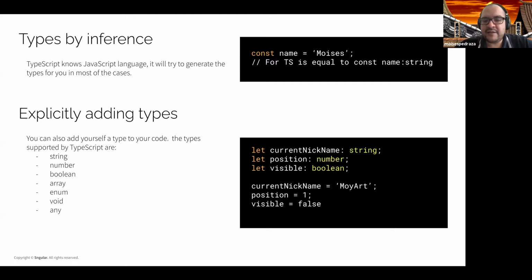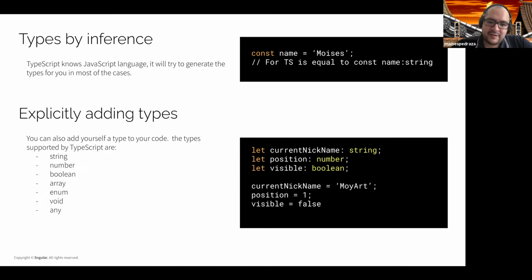It's not a good practice to use any, because if you're adding any to a variable, it's pretty much like adding a dynamic type. So pretty much like not using TypeScript. Sometimes when you start creating your first TypeScript files, you will be adding any, because TypeScript will be throwing some errors and you will be painfully learning how to deal with that, and you will end up writing any.